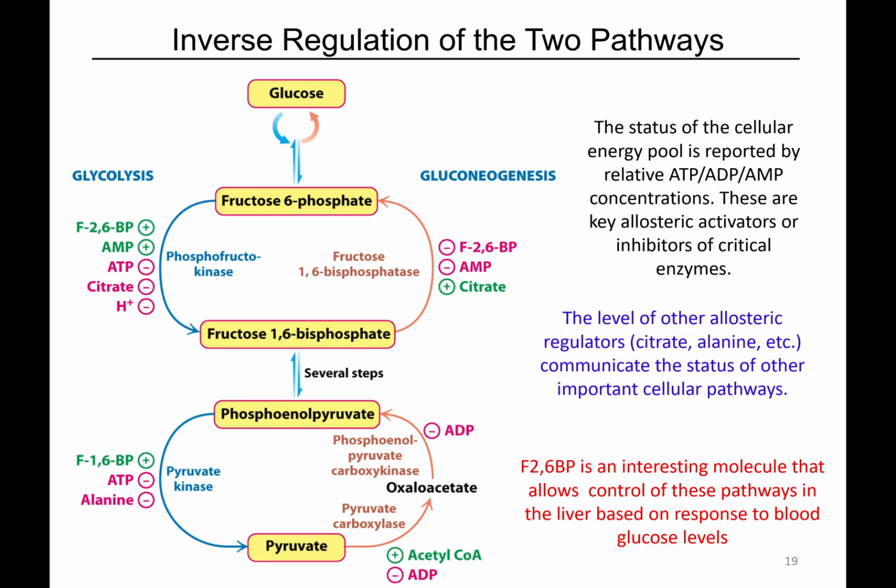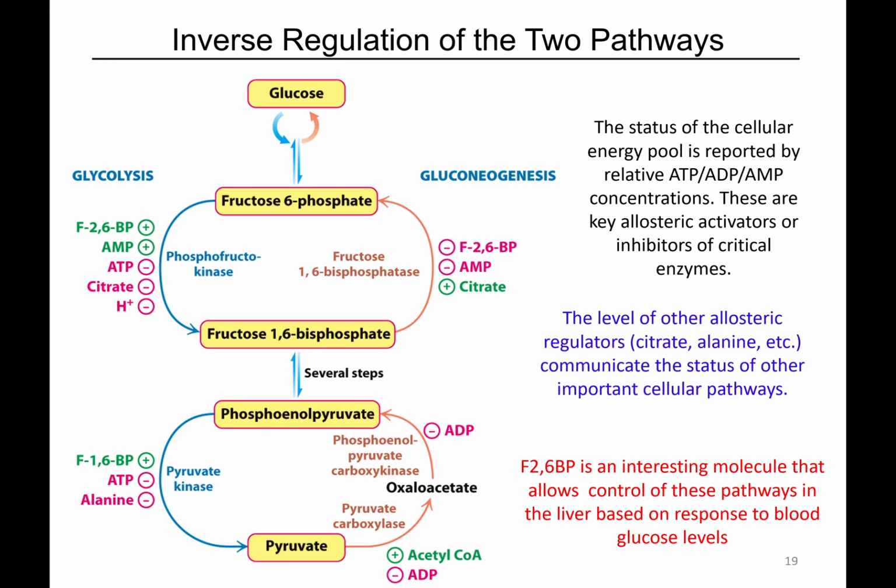Okay, in terms of metabolites of the cell, this makes sense. For glycolysis, a buildup of ATP inhibits PFK. It inhibits pyruvate kinase. That makes sense because a buildup of ATP means we have plenty of cellular energy. We want to store it, so we activate gluconeogenesis.